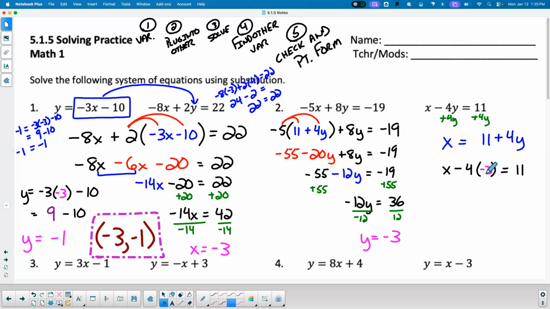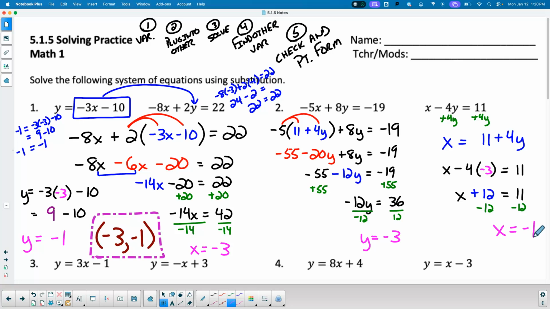Negative 4 times negative 3 is positive 12. Then I can subtract 12 from both sides, giving me x equals negative 1.